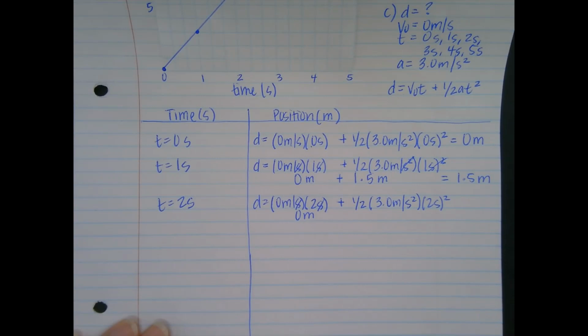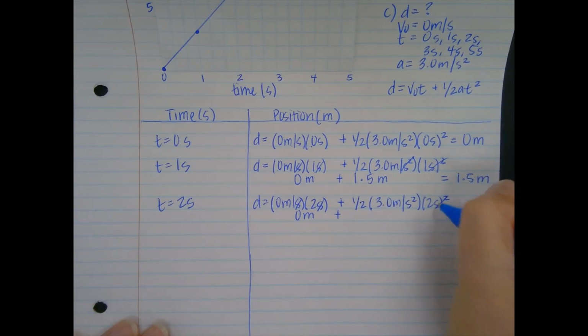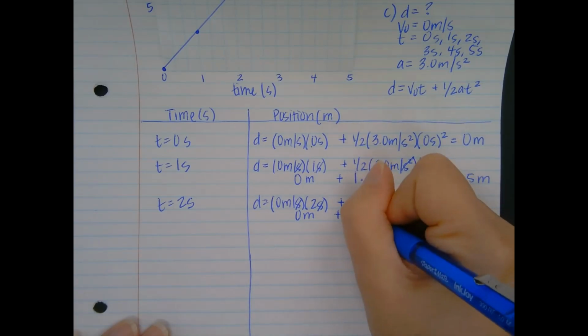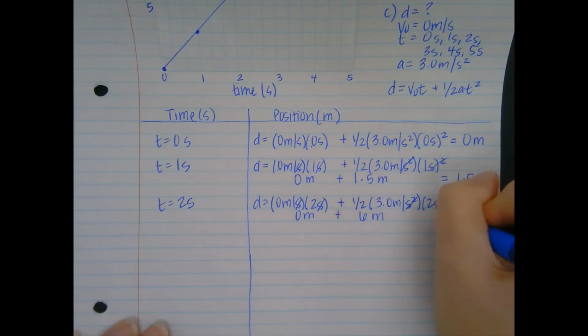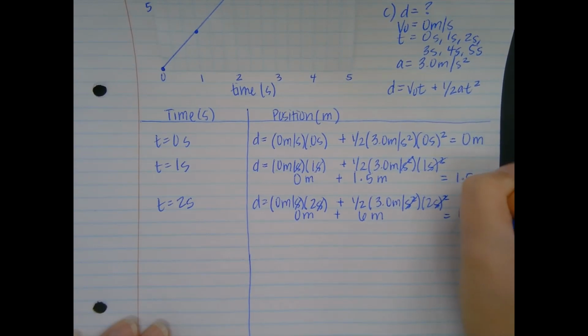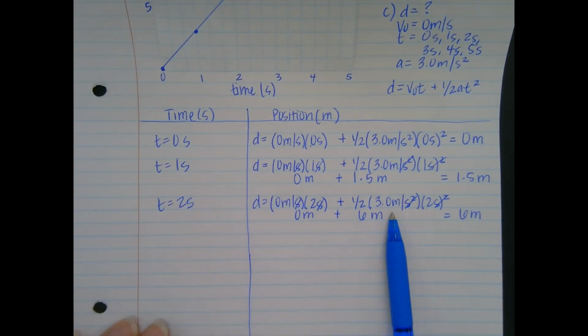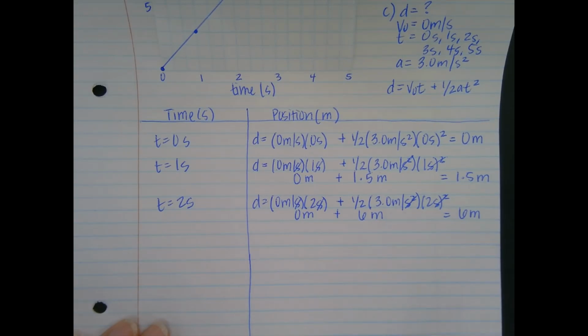Seconds and seconds cancel, plus 1/2 of 3, 1.5, times 2 squared, which is 4. Your seconds and your seconds cancel. So you can even put this in your calculator, but you would end up with 6 meters. So 0 plus 6 meters is 6 meters. So now we can really see that we're accelerating because our distance is increasing so much. So in 2 seconds, this object with an acceleration of 3 meters per second squared has now traveled 6 meters.